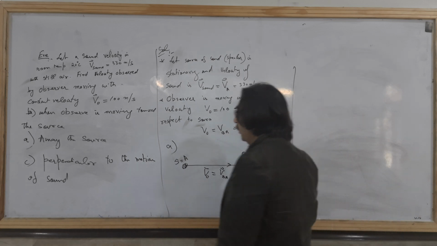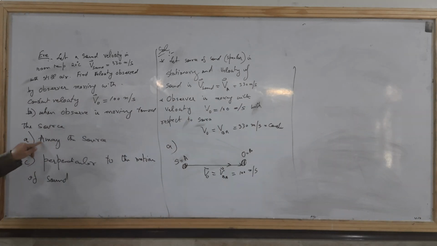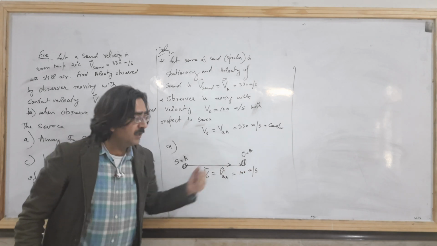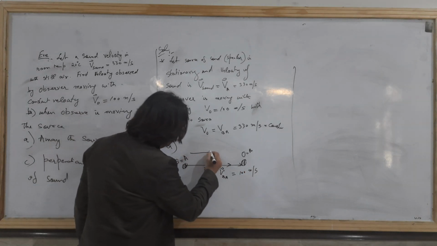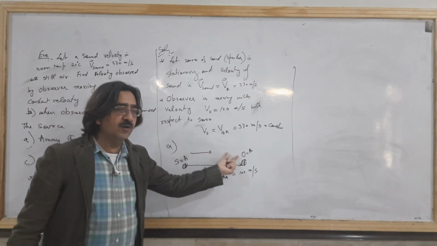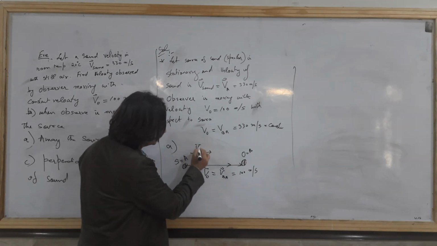Now away from the source. If the observer is moving away, it means forward bias. And what is the velocity of sound? Sound is moving in this way. What is the sound velocity?